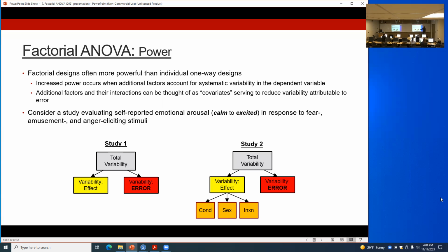So Teresa, why am I probably getting more power on average in this study, based on some assumptions, as opposed to study 1? I've gone through and I've modeled it. Now, if sex and the interaction of condition and sex have nothing to do with responses to the film, do I have a more powerful study?